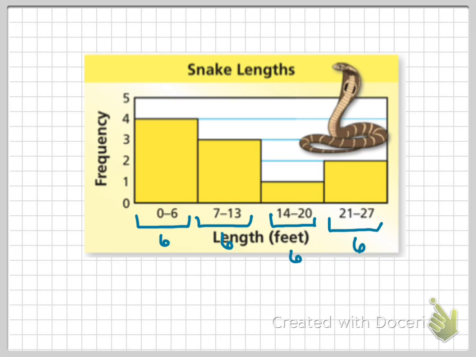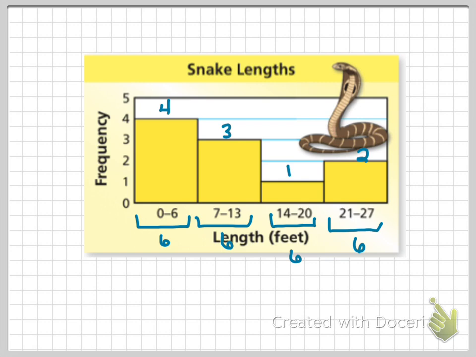So these are each by 6. And then it tells us in that range how many pieces of data. So there were 4 snakes from 0 to 6 feet, 3 from 7 to 13, 1 between 14 and 20, and 2 from 21 to 27.